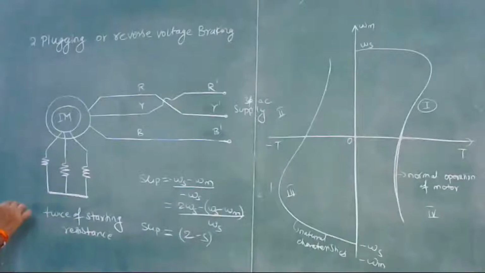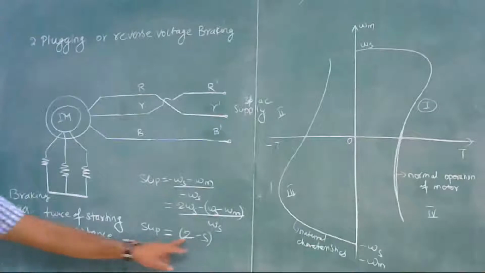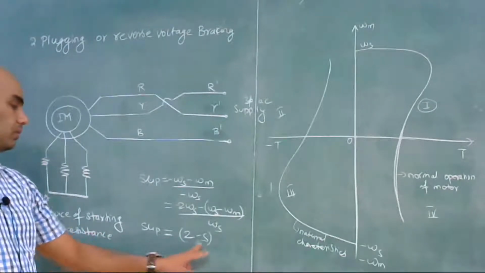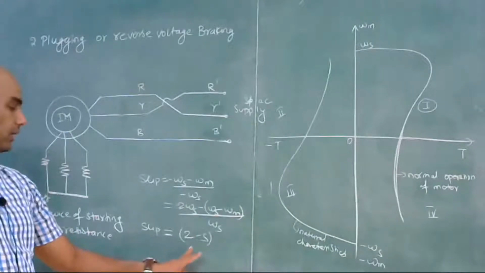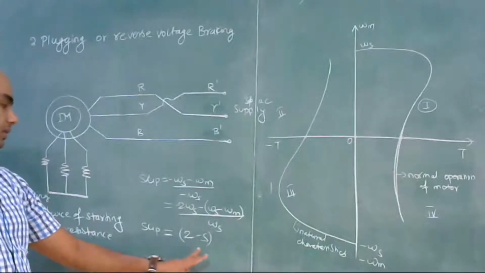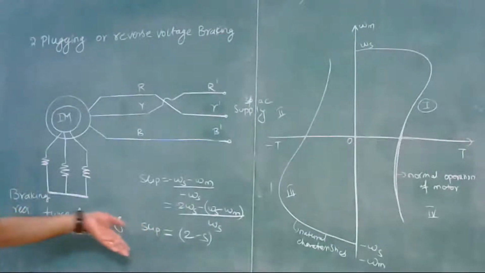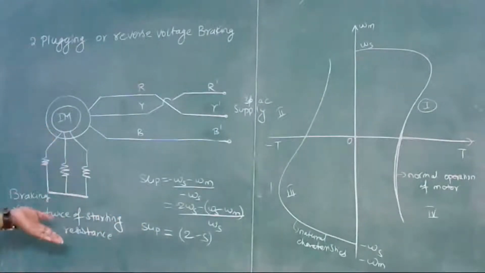So the braking resistance must be twice of the starting resistance. As slip is now 2 minus s, this is somewhat 1.9 to 1.96 and in that range. So the induced voltage will be doubled, and current will also increase heavily.